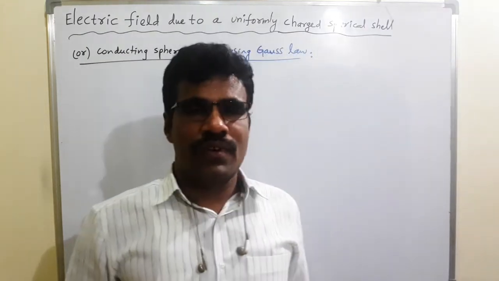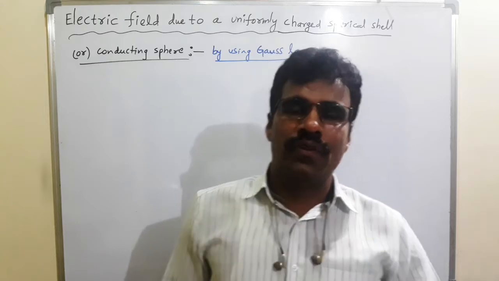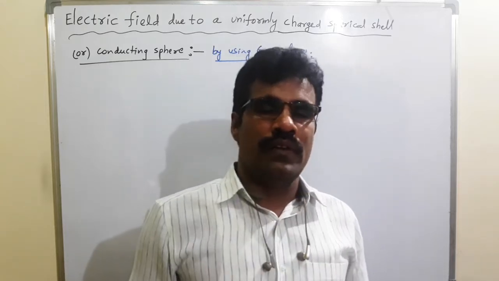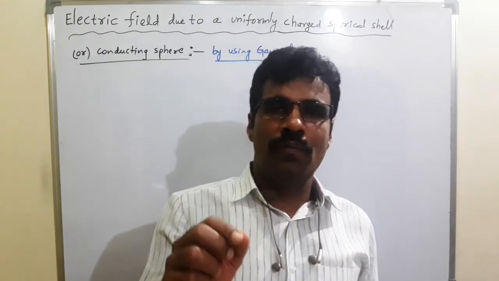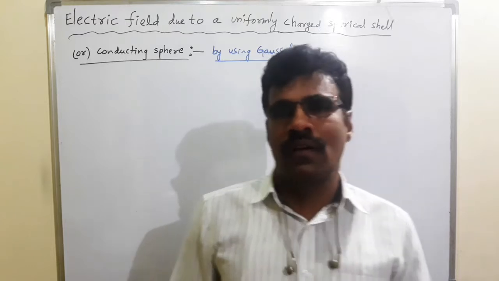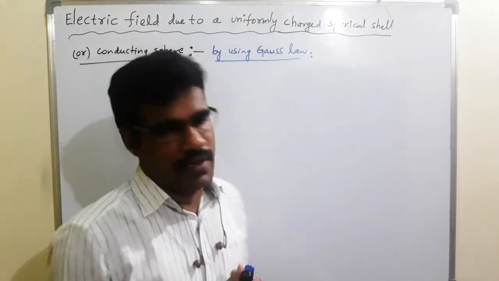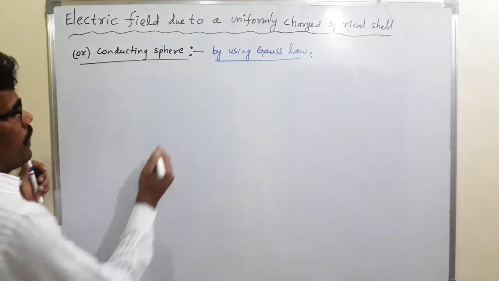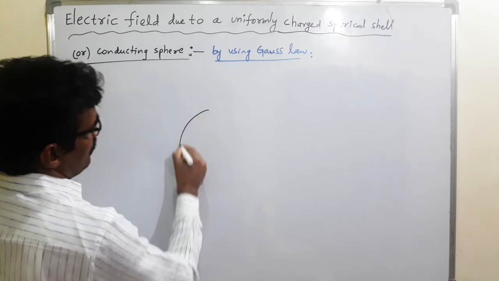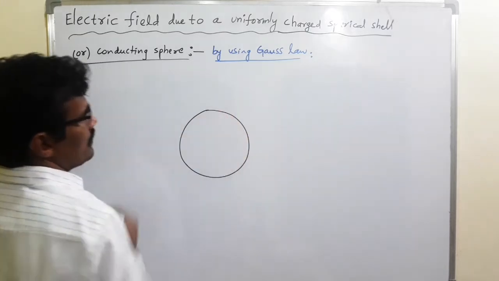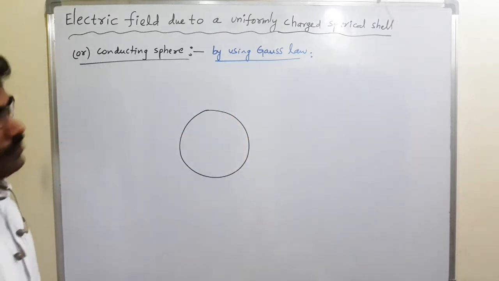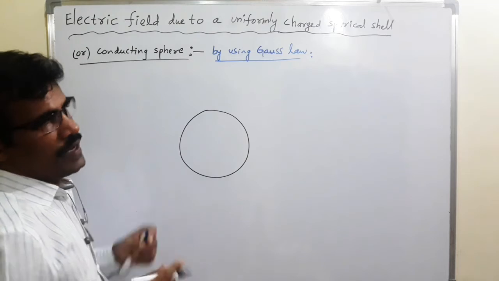Hello, my dear students. We are going to discuss electric field due to a uniformly charged spherical shell or conducting sphere. Let us consider a sphere, a spherical shell or conducting sphere.